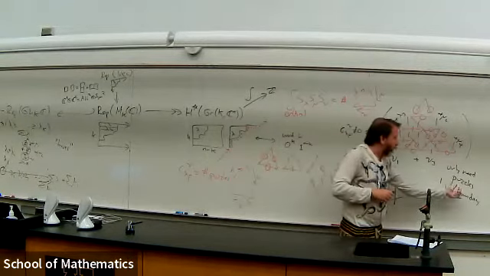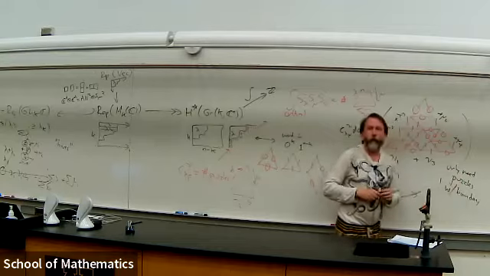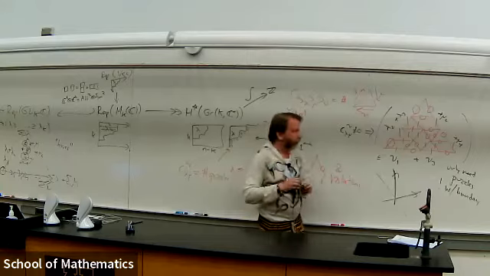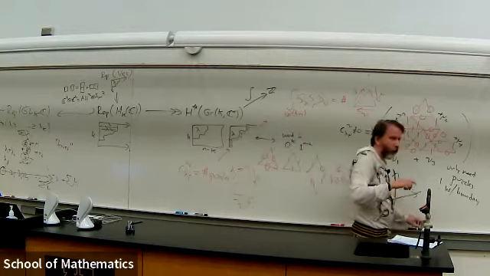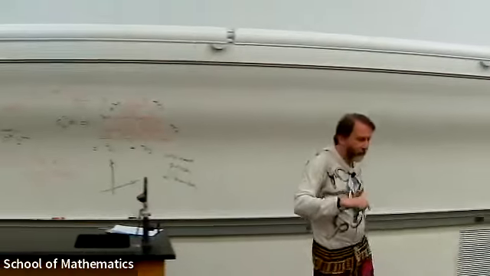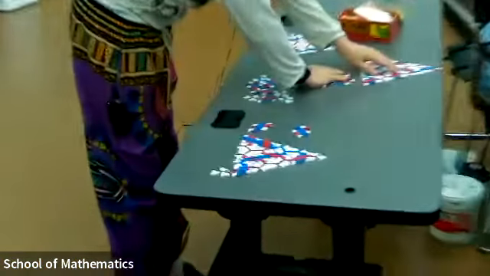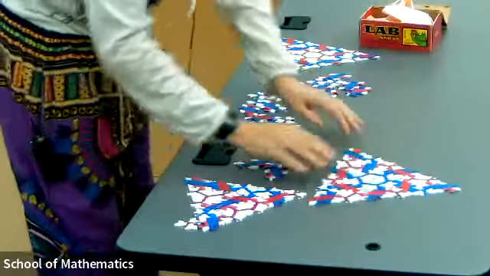So stated that way, I'm particularly interested in when a Littlewood-Richardson number is 1. So I want to show you the smallest examples where it's not 1. So here they are.